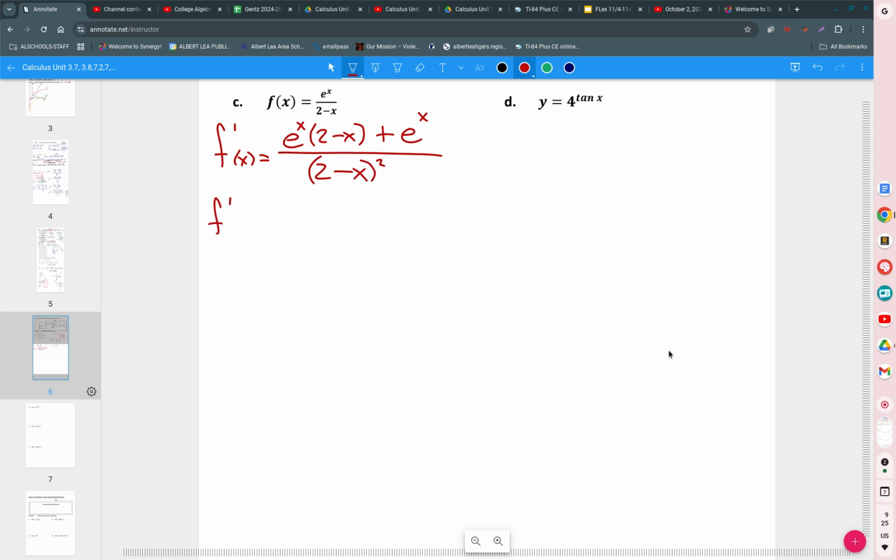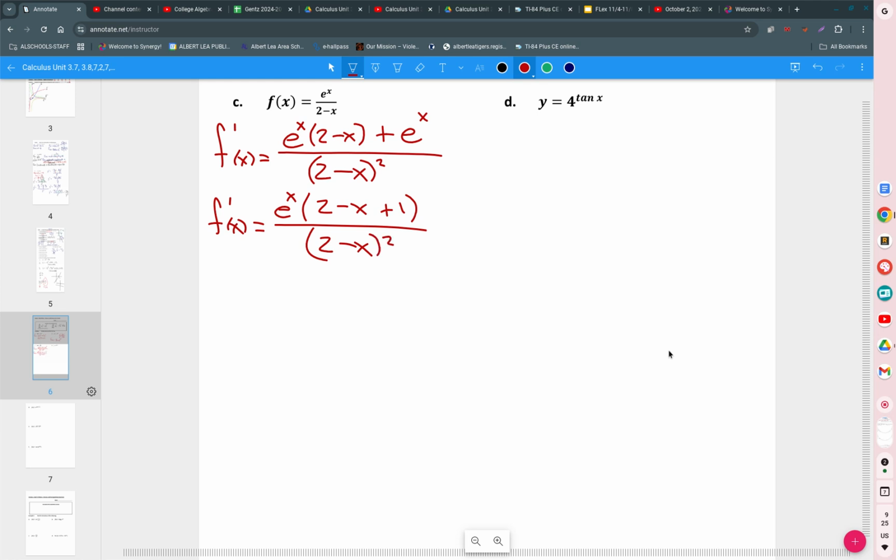So I get f prime of x is equal to, can I cancel off a 2 minus x? Definitely not. Could I factor out e to the x on the top? Yes. e to the x times (2 minus x plus 1) over (2 minus x) quantity squared.